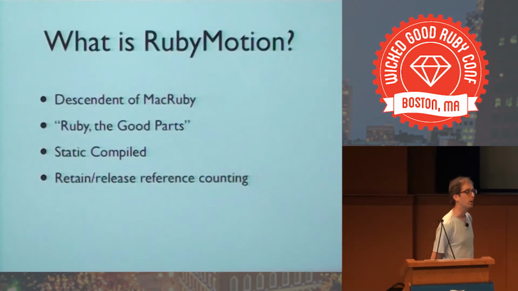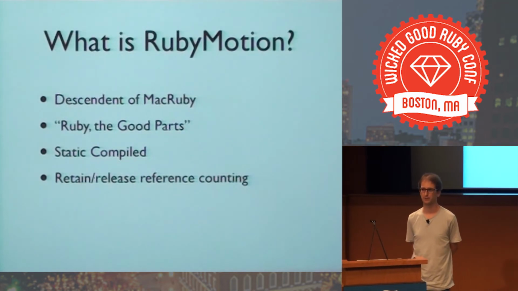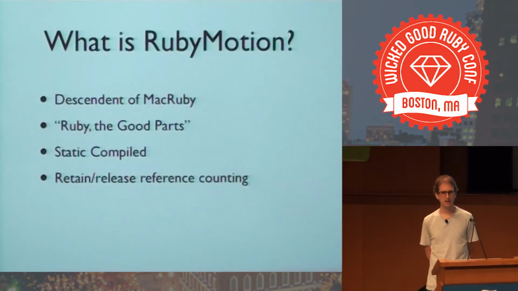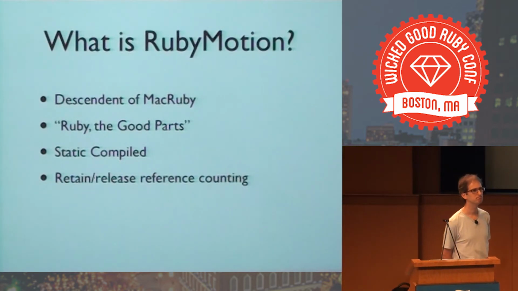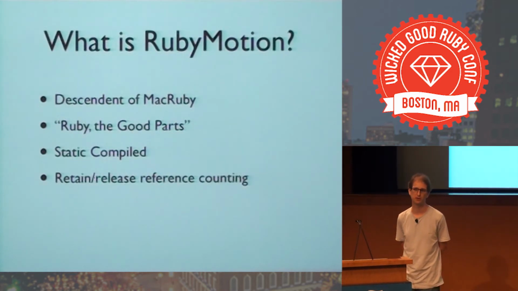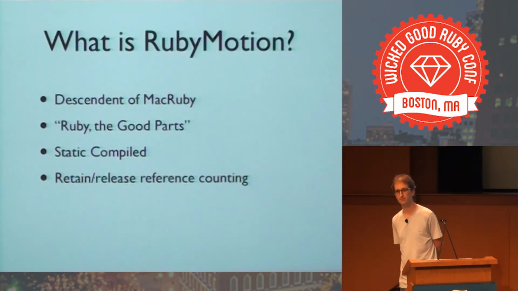Unlike MacRuby, though, RubyMotion does not aim for 100% compliance. There's a good reason for that. I'll show you in a second. It's more like Ruby the good parts. So most people using RubyMotion will probably never realize that there are certain things that you can do in Ruby that you can't do in RubyMotion.